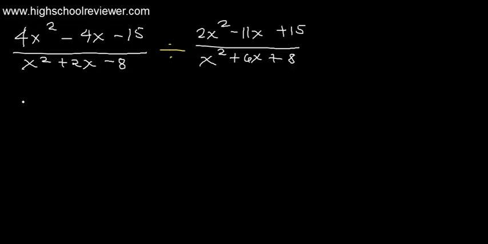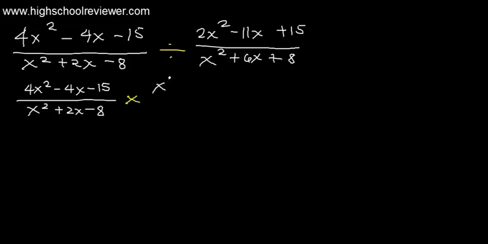Okay, let's proceed. So we will now have here 4x squared minus 4x minus 15 all over x squared plus 2x minus 8. And instead of division, this is now going to be multiplication, and this will now be the reciprocal.